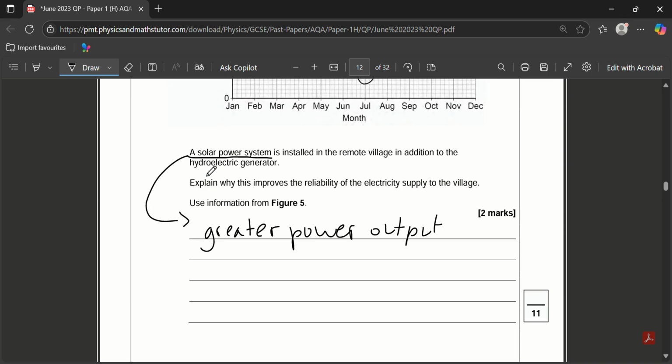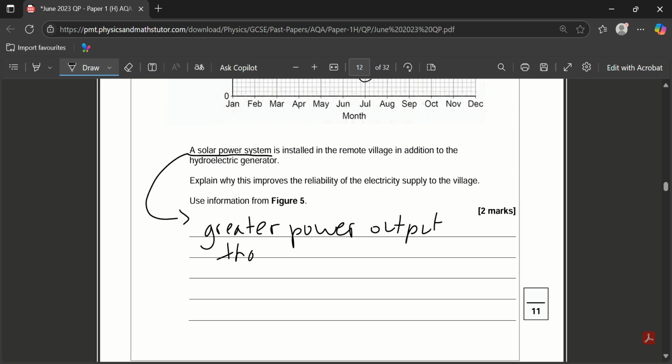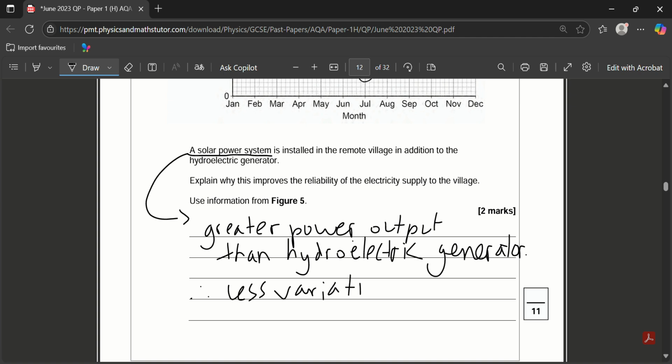So greater power output than hydroelectric generator. And therefore, just use the maths symbol for therefore, because also just short form. Therefore less variation in total power output.